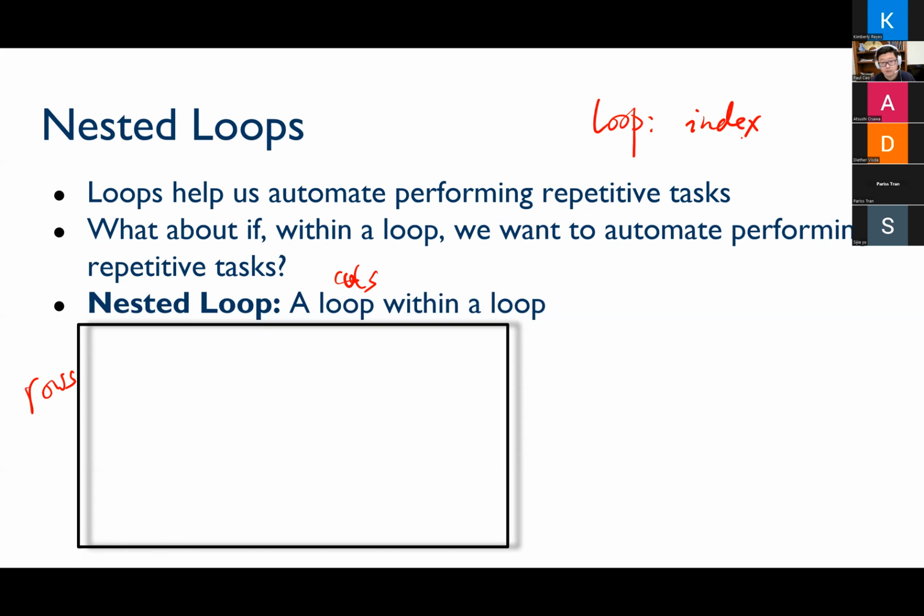So for example, you may be looking for something like you have a picture, and you say, I want to modify every pixel in this picture. Pixels in the picture form a grid. So you have row number and column number.